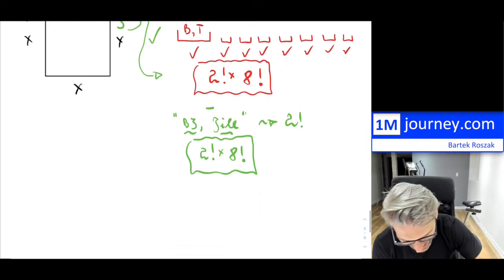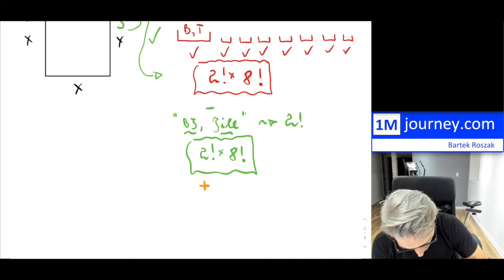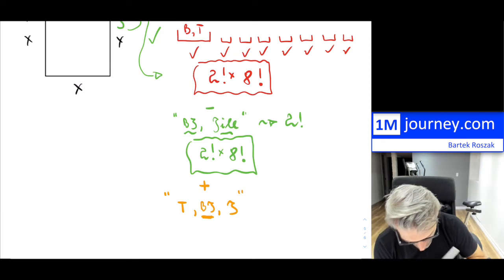So we should actually add at the end. So addition. This is going to be adding when BJ is fixed in the middle, and then you have Tommy and Jill on the sides.